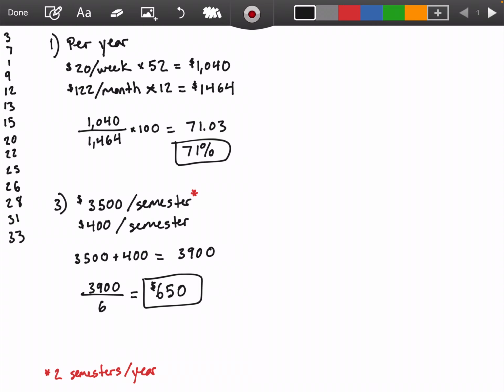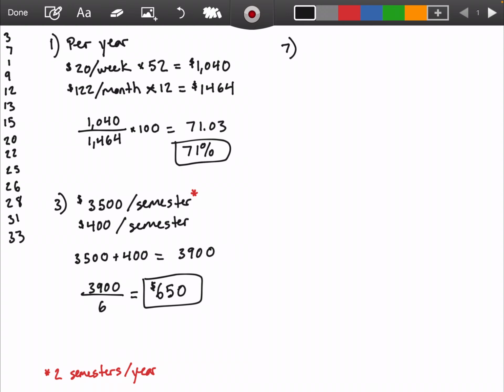So, all right, number 7. Use the appropriate compound interest formula to compute the balance in the account. Okay, you are going to be given a formula sheet for the record.